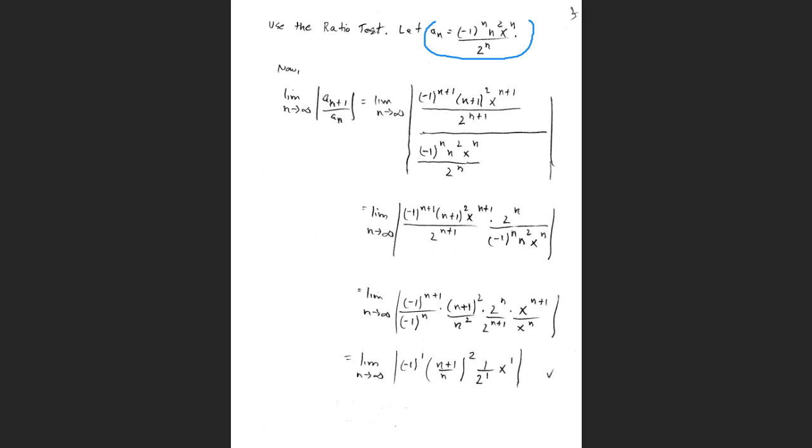The ratio test says, look at the ratio of the n plus first term to the previous nth term, take the absolute value of that ratio, and find the limit of that ratio as n goes to infinity. And that's what I'm doing here. Let me give you a moment, because I want to make sure that at least you've copied down what I'm talking about.